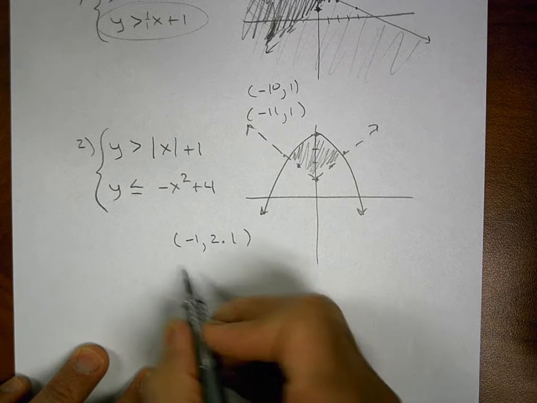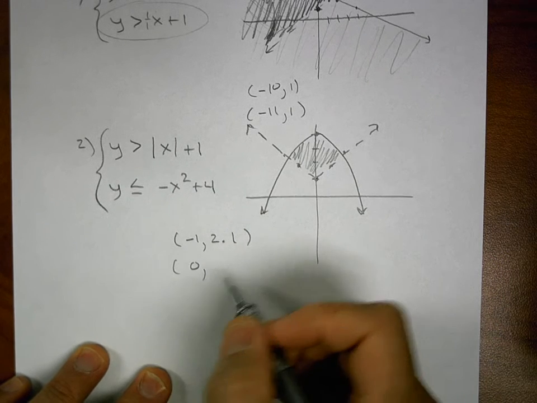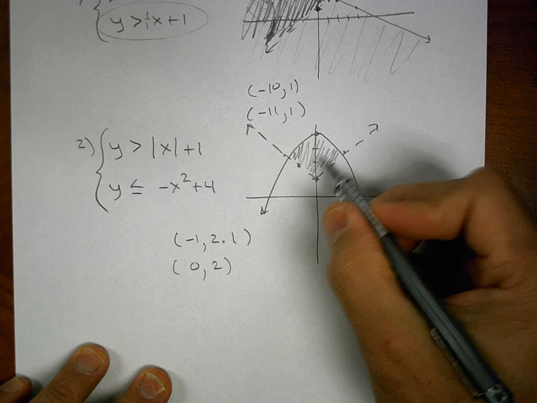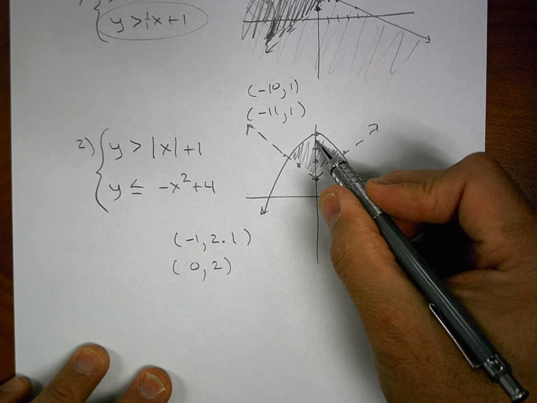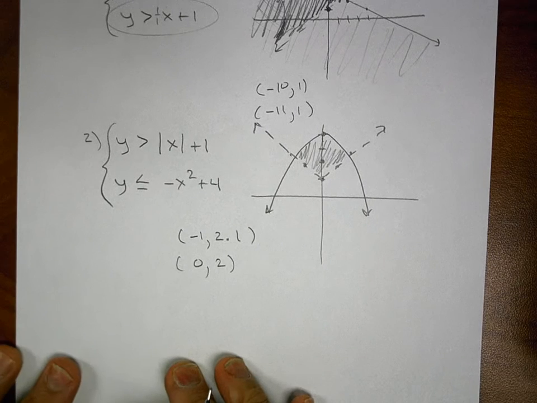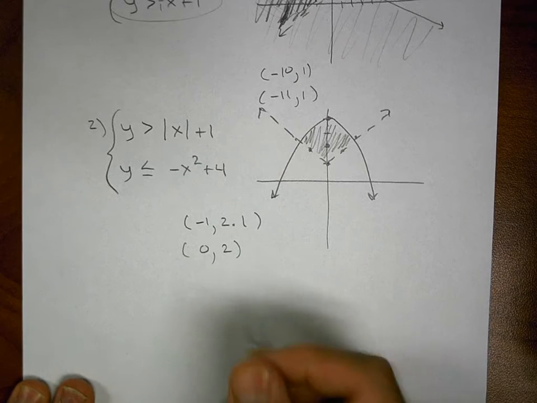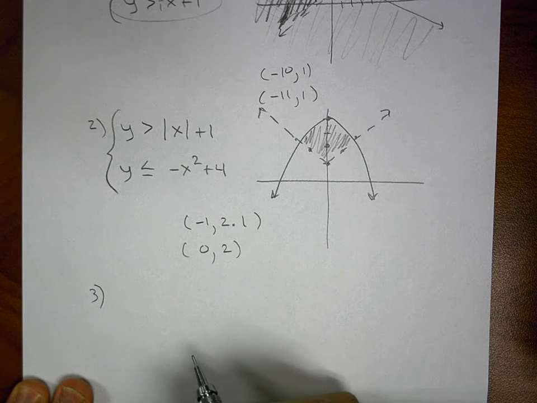We do. What's another one? How about 0 comma, clearly, 0 comma what? 2. 0, 2, I know it's in the solution. 0, 3, 0, 3.5, right? And there we go. Okay, but all they wanted is 2. Okay, number 3. Kind of makes sense? How to shade, and it's where it overlaps, the solution.